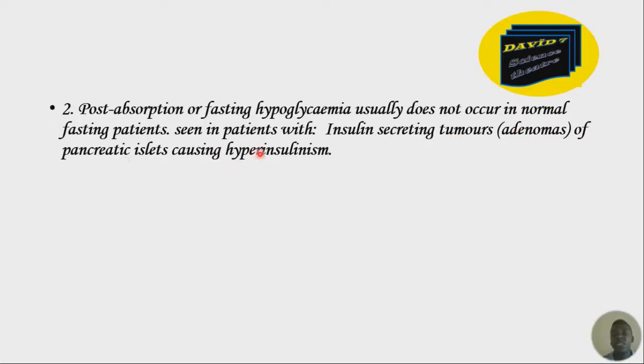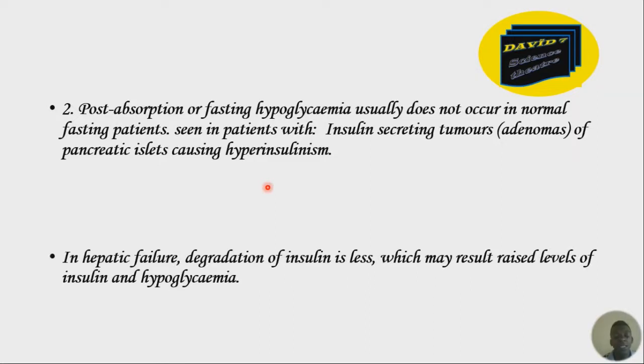It is seen in patients with tumors that secrete insulin, adenomas of the pancreatic islets of Langerhans, which cause hyperinsulinism. So hyperinsulinism will be responsible. In cases of hepatic failure, degradation of insulin is less, which may result in raised levels of insulin and hence hypoglycemia, which is post-absorptional hypoglycemia.